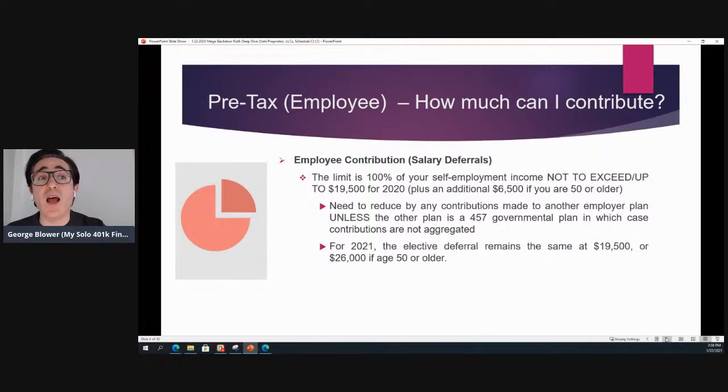If you contribute $10,000 to your day job and you've got enough self-employment income to justify it, you could contribute another $9,500 to the solo 401k. We'll see in some of the examples how that works, but that's the general concept. Of course, one exception is if you are participating in a 457 governmental plan. In that case, those contributions are not aggregated.